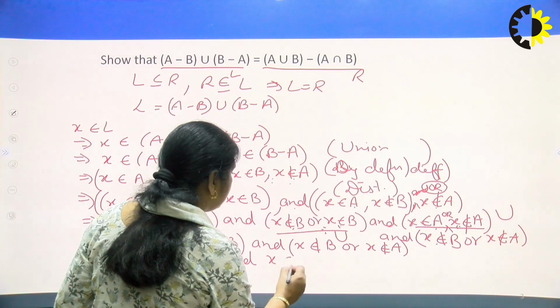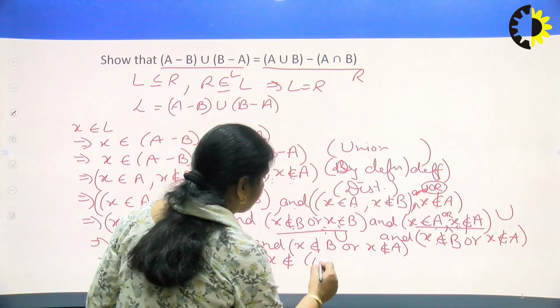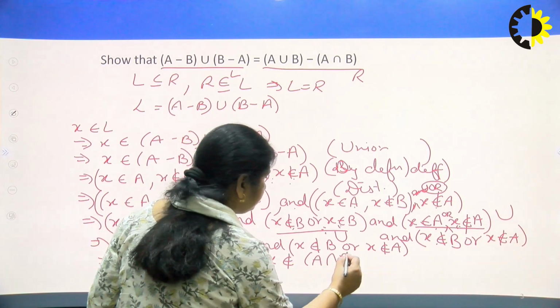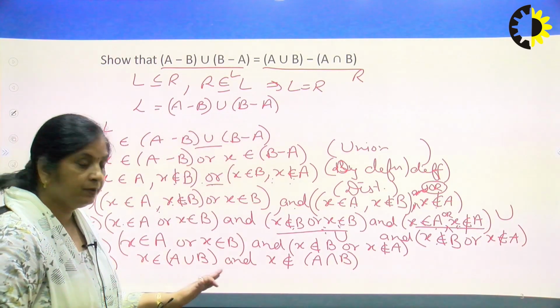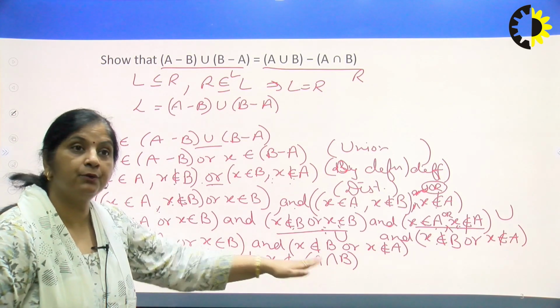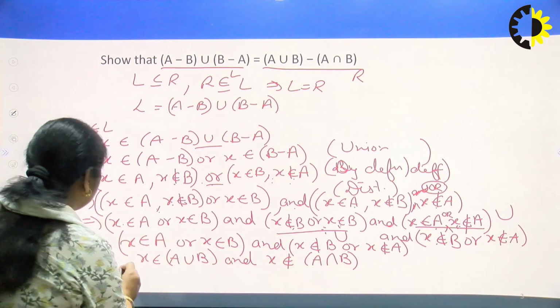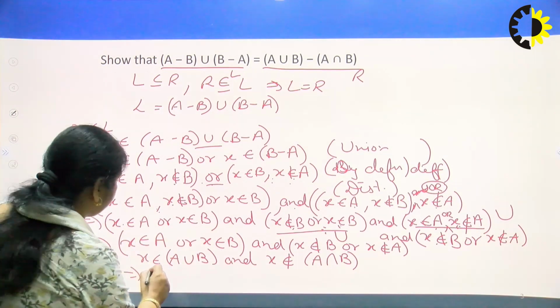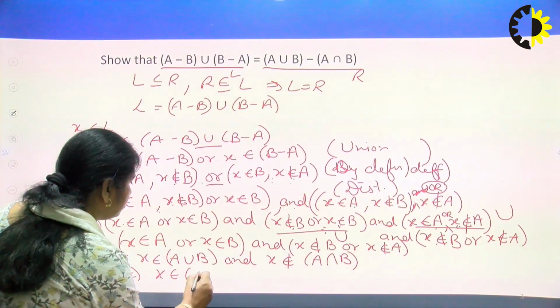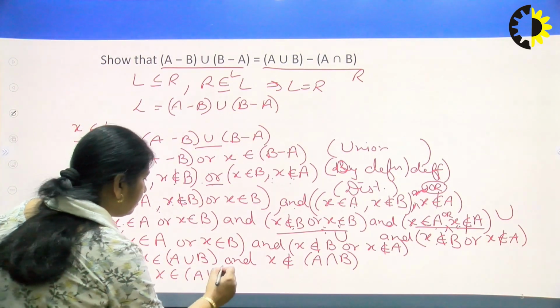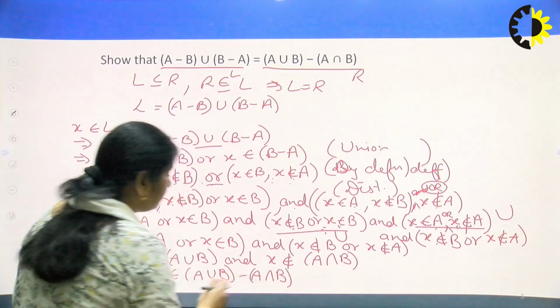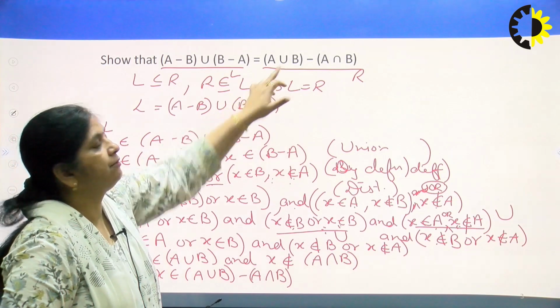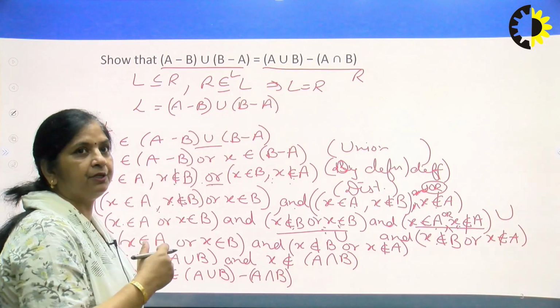So X doesn't belong to the intersection. Now X belongs to A union B, but X doesn't belong to A intersection B. What does it mean? Difference. By the definition of difference, X belongs to A union B minus A intersection B, which is our right hand side. That is what we wanted to prove.